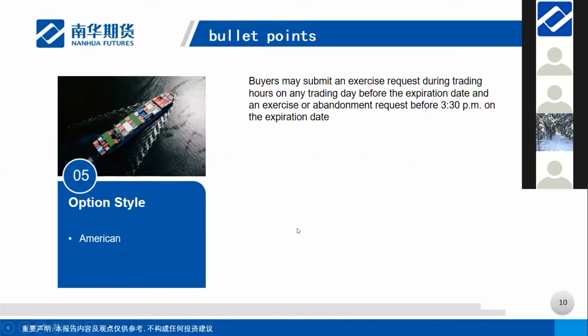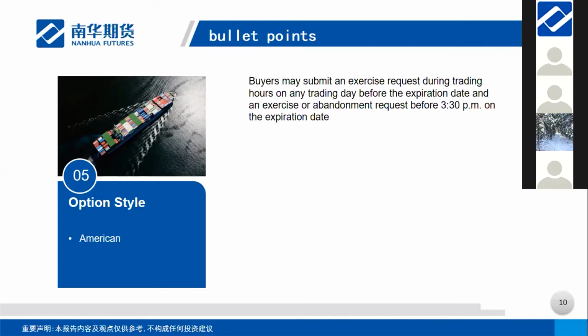Okay, last, the option style is American option. As we know, the buyer of an American option can choose to exercise the option on the expiration date or any previous trading day.